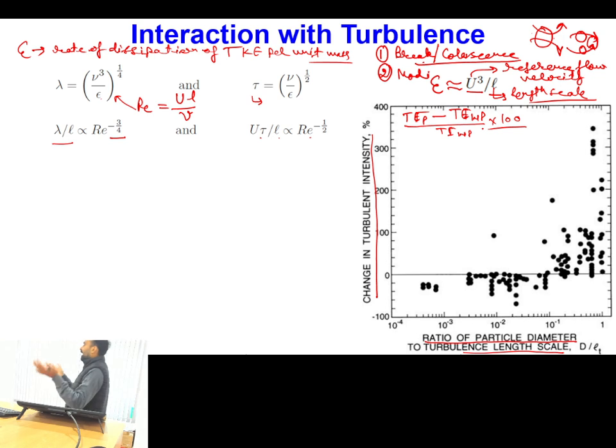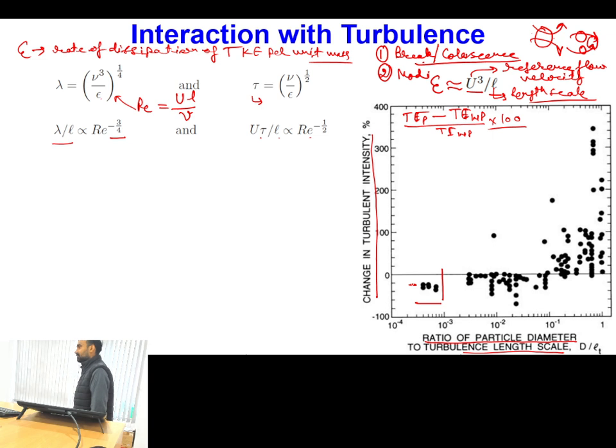Okay, so say if I have some flow of fluid and there is no particle, then corresponding to that I have some turbulent intensity. If in the same situation I add some particles and then try to determine what will be happening to the turbulent intensity, then our experience or the experimental measurement shows that when the size of particles is very small, in this range you can see here, diameter of the particle divided by turbulent length scale is very small, the change in turbulent intensity is on the negative side.